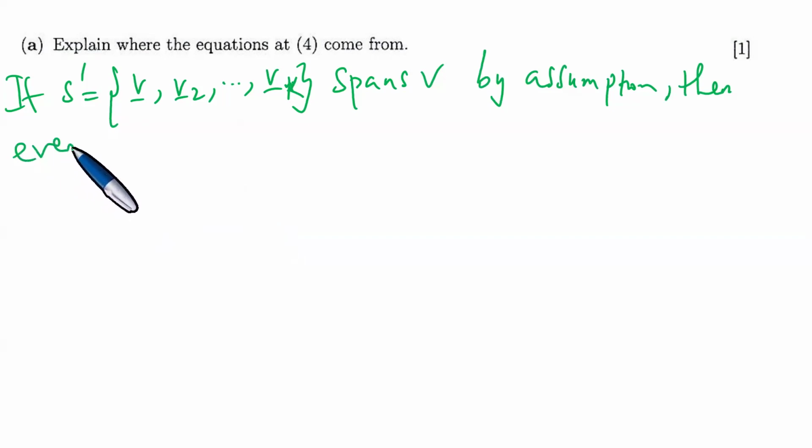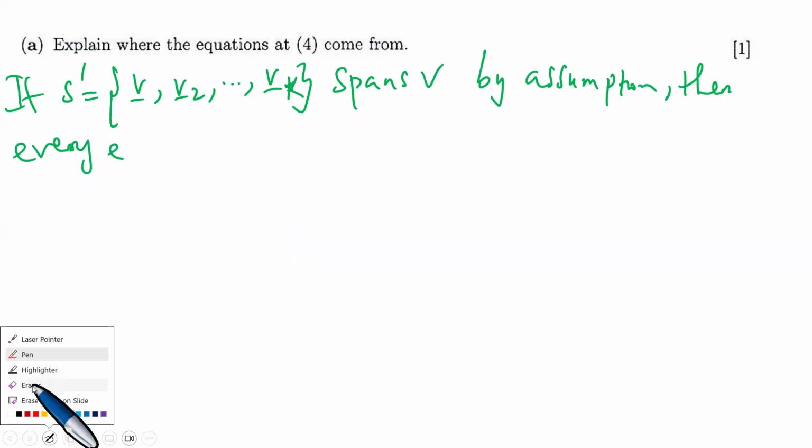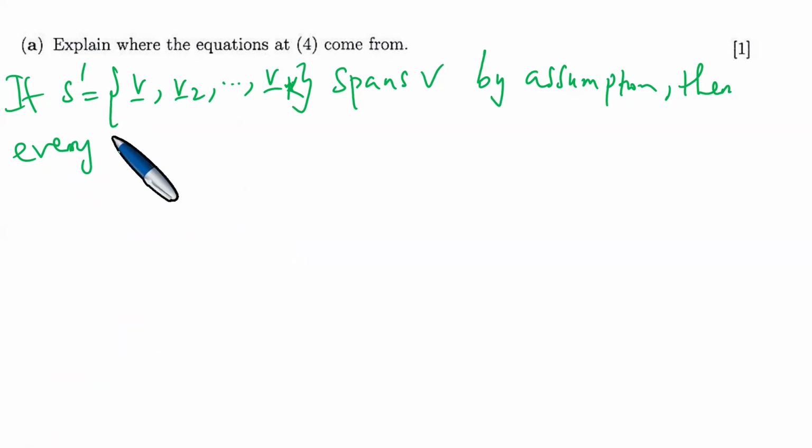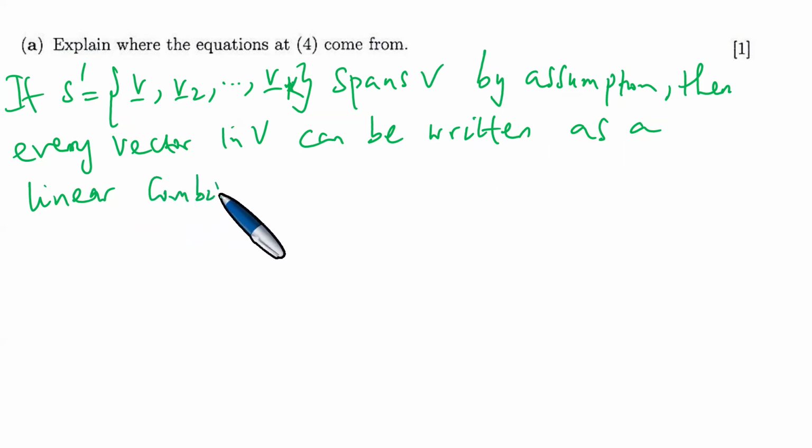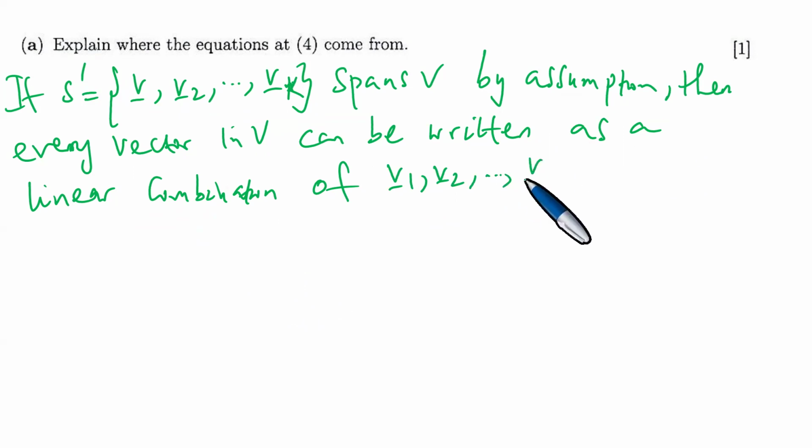every vector in V can be written as a linear combination of these elements, which are v1, v2, up to vk.